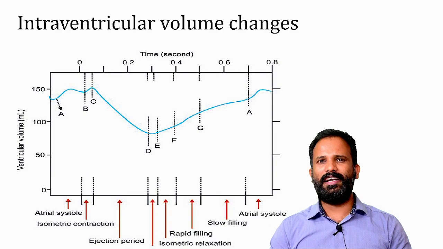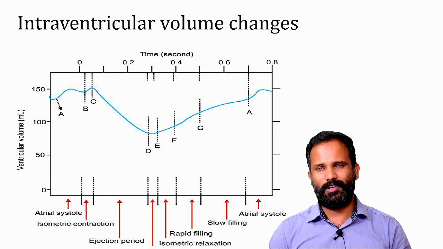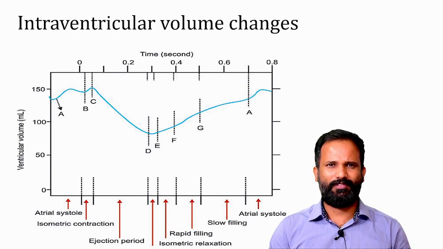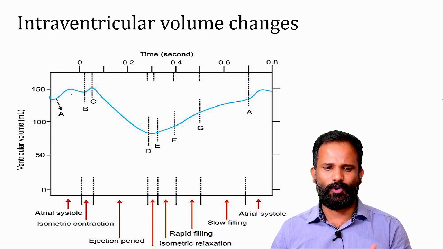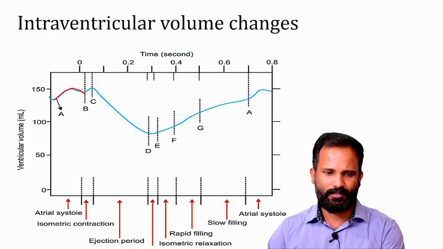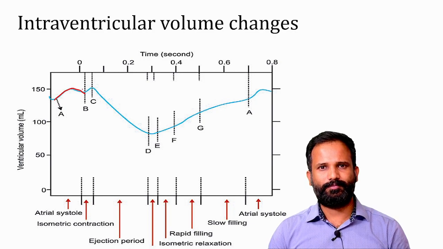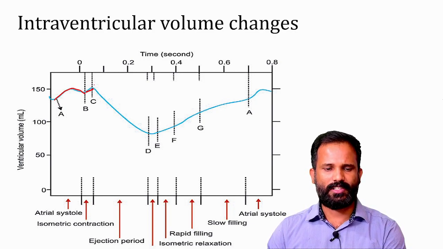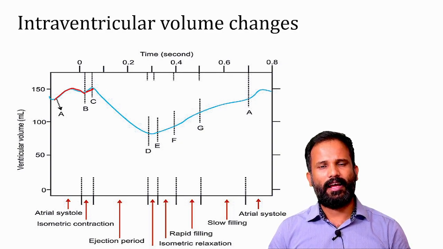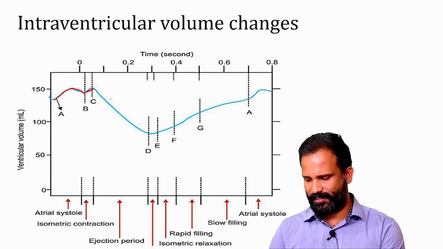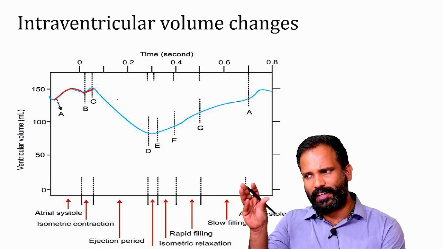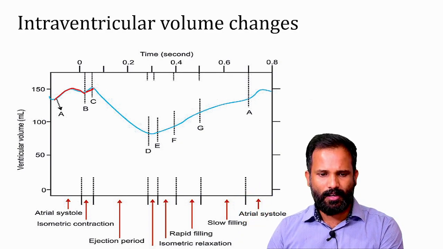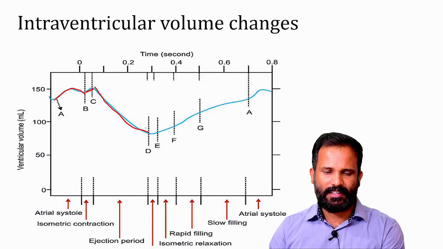Now coming to the intraventricular volume changes. Atrial systole: definitely blood is added into the ventricle, so volume increases. And then isometric contraction: volume remains constant. Then the ejection phase: blood is ejected from the ventricle, the ventricle is shortening, so volume decreases.